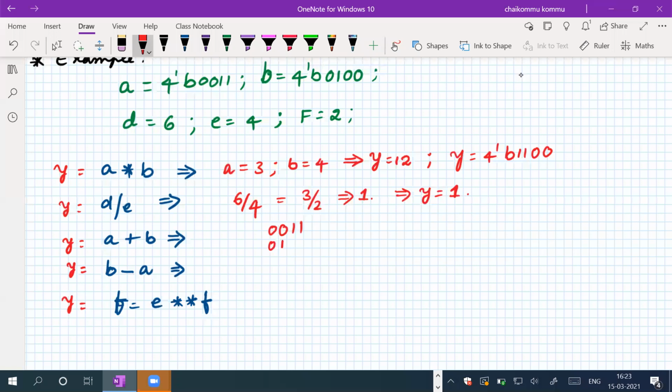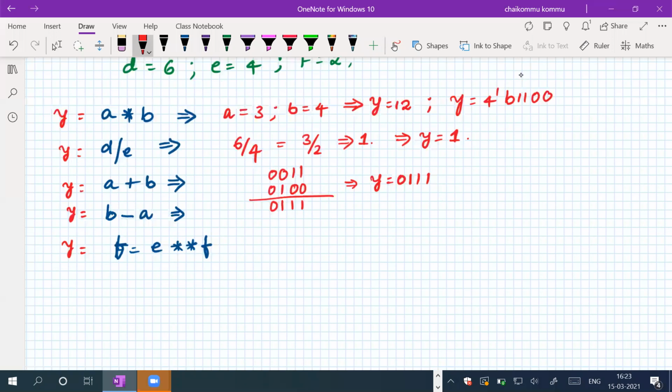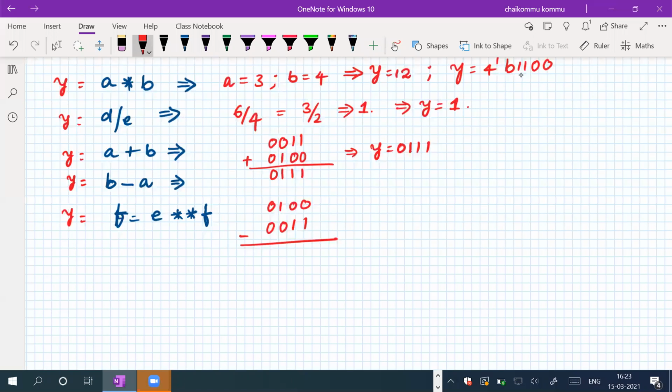Similarly, B minus A. B is 0100, and this is 0011. The plus we have done. So what is the minus here now? Actually, it will perform something like this: it takes a borrow, the borrow is 1, and the difference is 1.